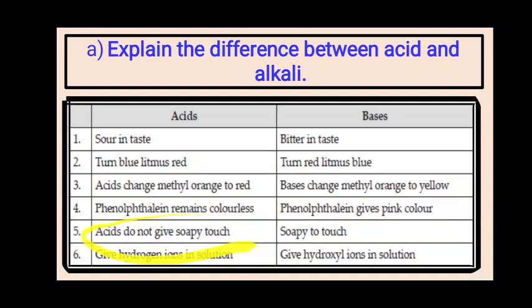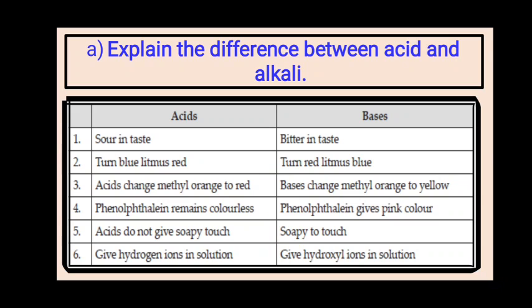Acids do not give soapy touch and bases give soapy touch. Now, what do you mean by soapy touch? That means the bases are a little bit slippery, a kind of soapy structure. Now, when you touch the soaps which are there at your homes, you must have seen its structure. When you touch it, it's a little bit slippery.